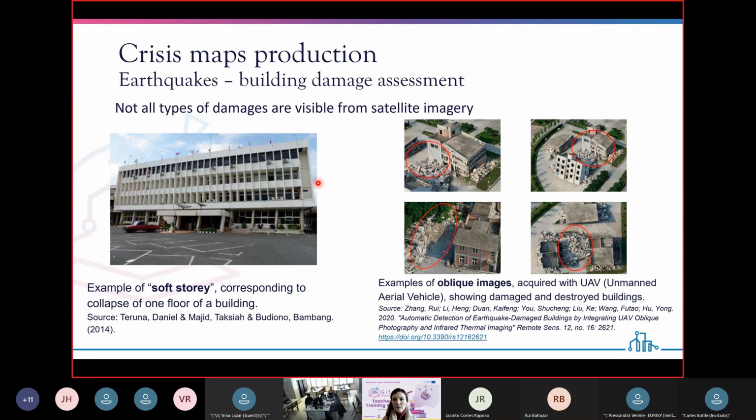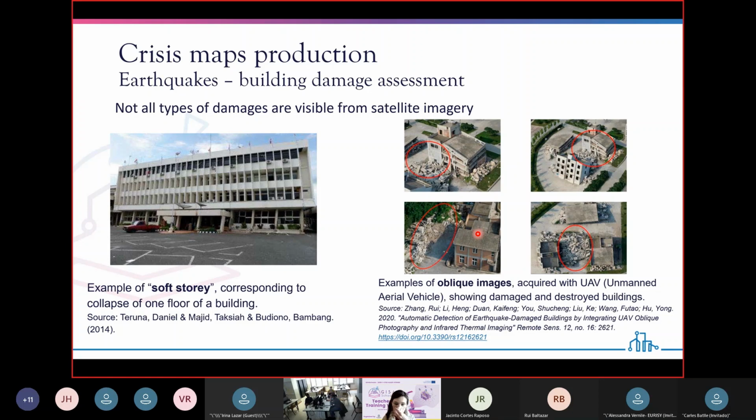In this case, for example, you can infer from the rubble around, but here again you have a building with a floor which is compromised, or you could have cracks on the walls, and these cracks could be severe, but you cannot see them from the satellite. So again, this is why we have this disclaimer, you cannot see everything. So you're going to point out only what is practically visible from the satellite image.